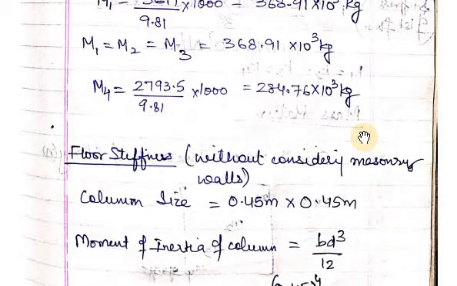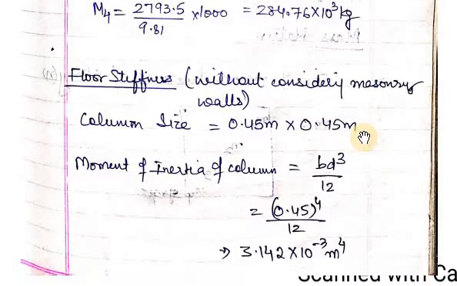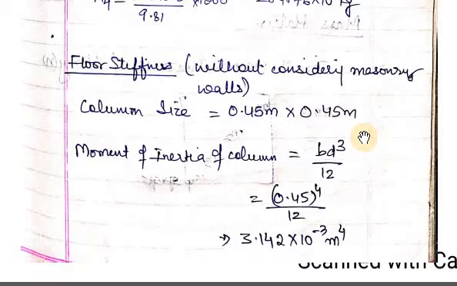Now floor stiffness. Here we are not considering the masonry wall while calculating the floor stiffness in this numerical. If it is mentioned in the question that you need to consider it, then we will consider it in the problem.